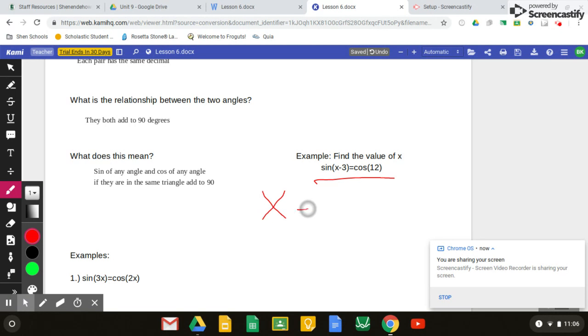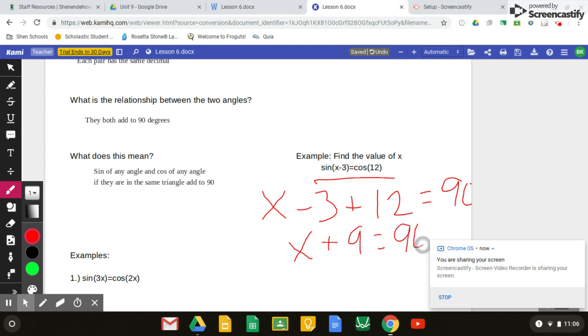So I can create an equation, x minus 3 plus 12 equals 90. And now I can go ahead and solve for this. Simplify one side, I get x plus 9 equals 90.